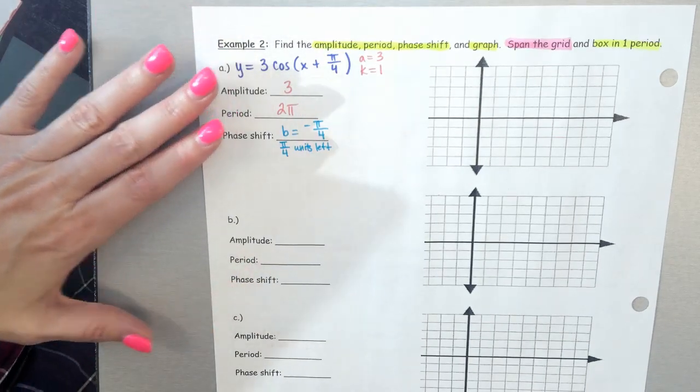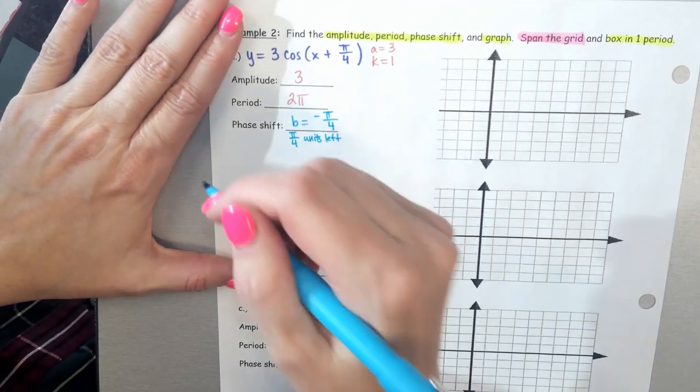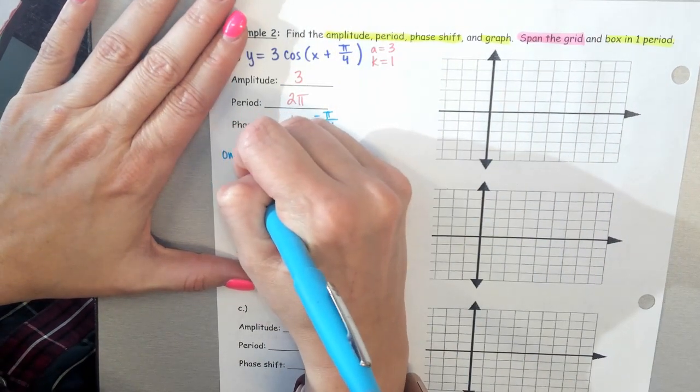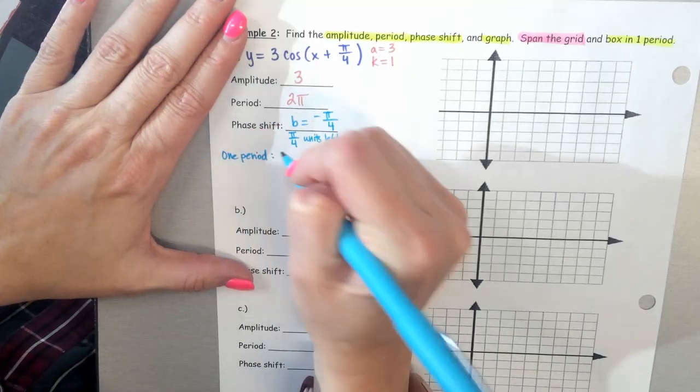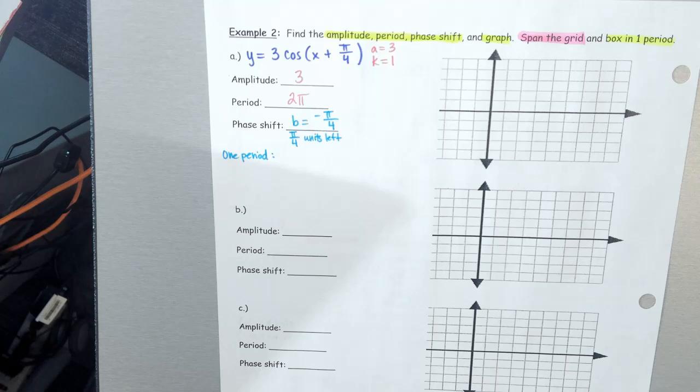Okay, so before we do our scale, we are going to calculate what one period is, using that formula that we talked about on the front. I also have it on the board up here. It's b to b plus that period.